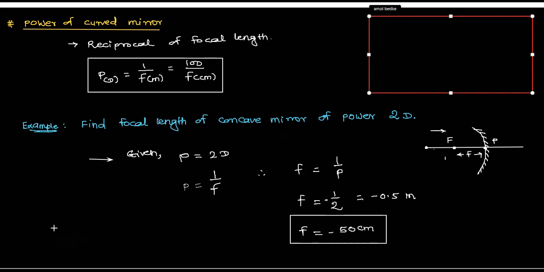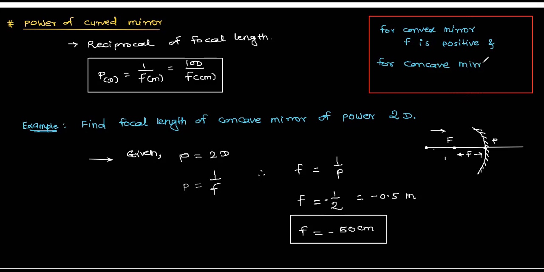In this box, for convex mirror, F is positive, and for concave mirror, F is negative.